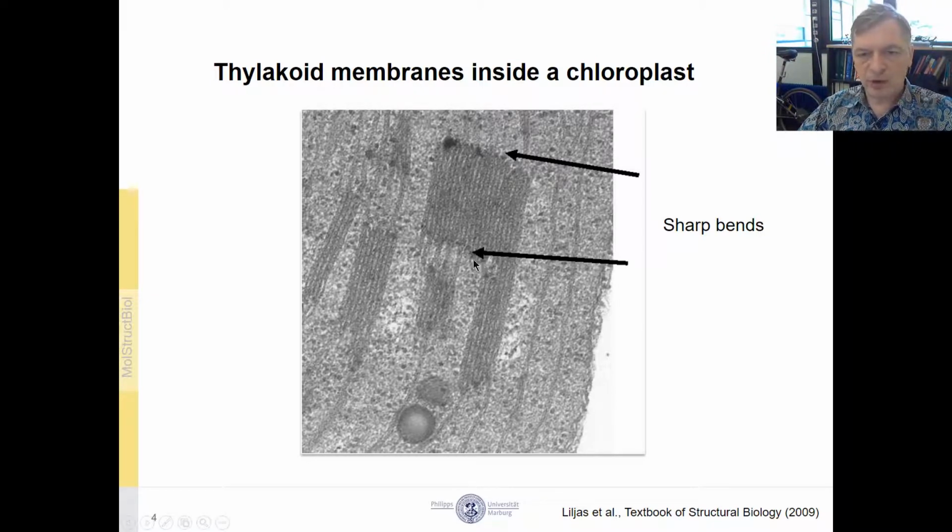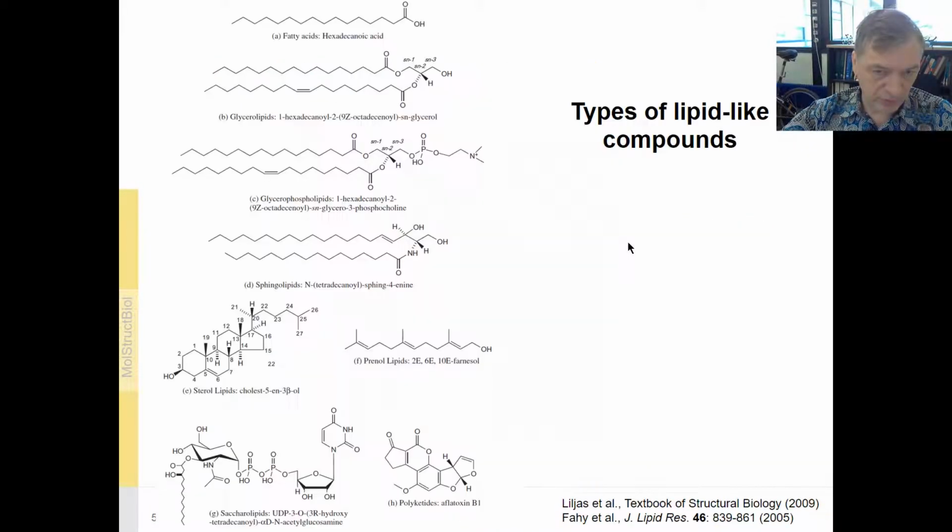But we have corners here, sharp bands, and you can predict probably the lipids are different here than there. And maybe there are some proteins associated with these kinds of lipids in the bands, different from the range where we have the photoreaction centers and the light harvesting complexes residing. So the lipids are also very important for the function of our proteins and the location of our proteins to which they belong.